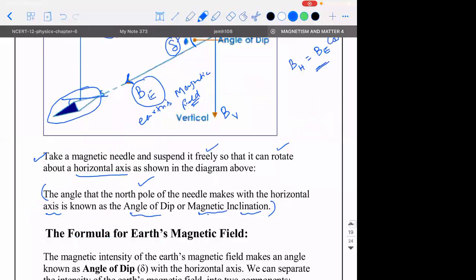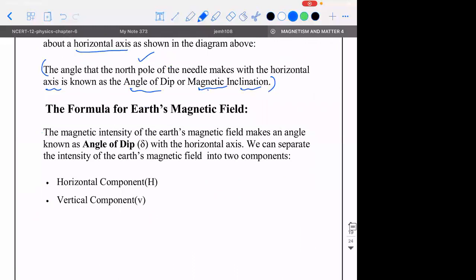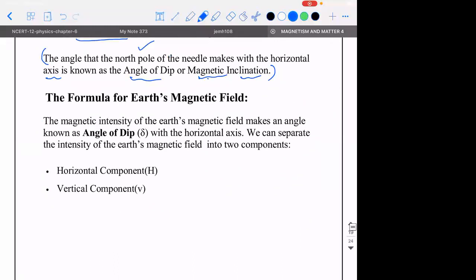Now, we will see how to calculate the Earth's magnetic field at a given point, and try to figure out a formula in terms of the angle of dip. So remember, this is the Earth's magnetic field at a particular location.